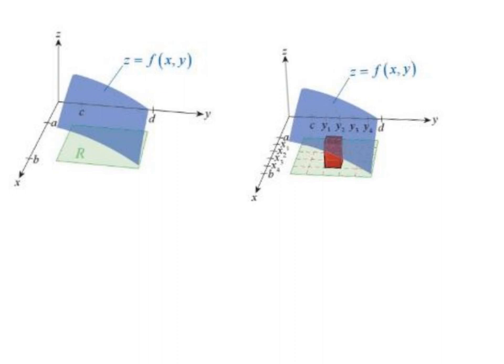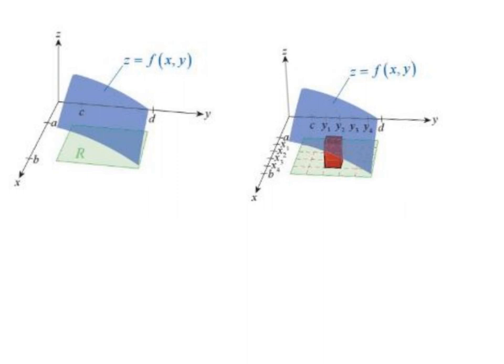In this picture, we have partitioned the interval from a to b into 5 small subintervals, and the interval from c to d has also been partitioned into 5 small subintervals. That forms a grid, so rectangle R is now a 5 by 5 grid.